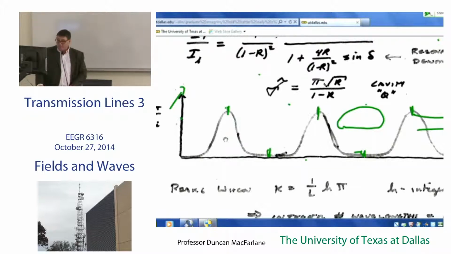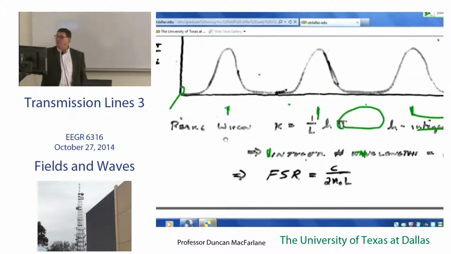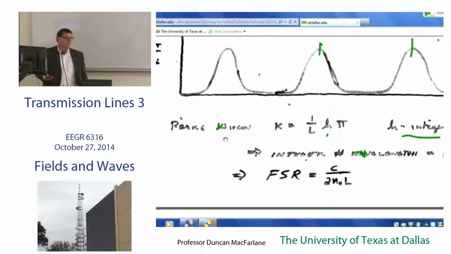And the peaks occur when the propagation constant k, that's 2 pi over lambda, remember, is equal to some integer multiplied by pi over L. And the distance between these two peaks in optics is called a free spectral range, and it occurs at c over 2nL.